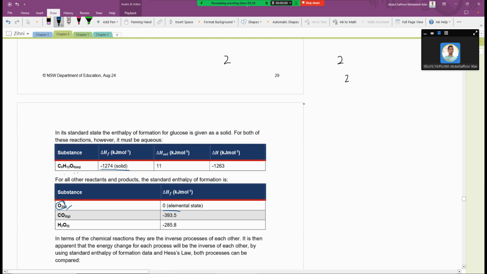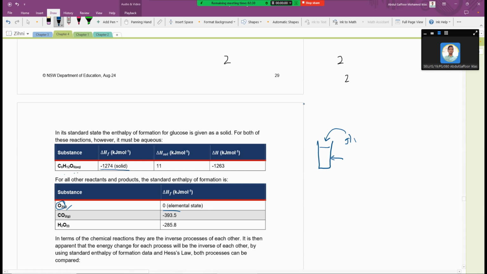So have you ever dissolved glucose in water? Just take a glass of water, then you put some glucose, and if you touch the glass, what would you feel? Coolness, right? You can just demonstrate it at your home.